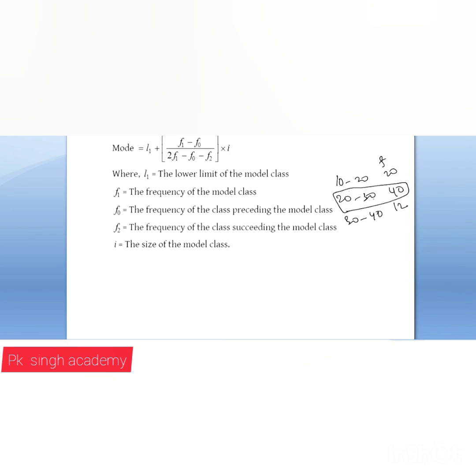This series contains the highest frequency, so the mode lies here. The lower limit L1 will be 20. I will be the common difference. F1 is the modal class frequency. F0 is the preceding class and F2 is the succeeding class. Clear?